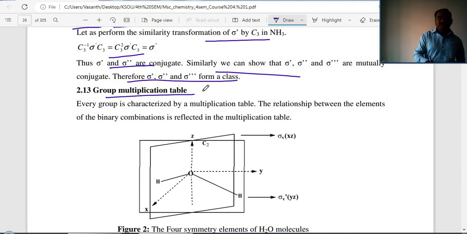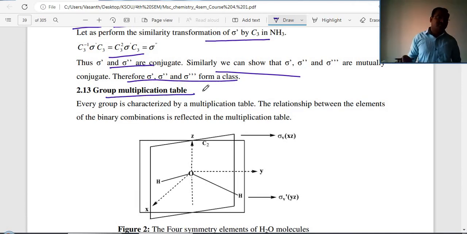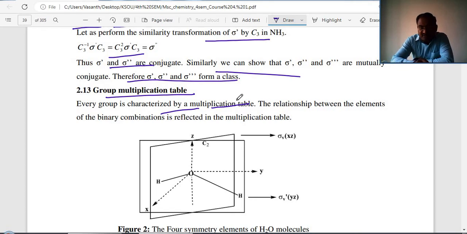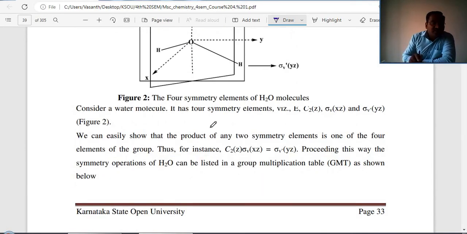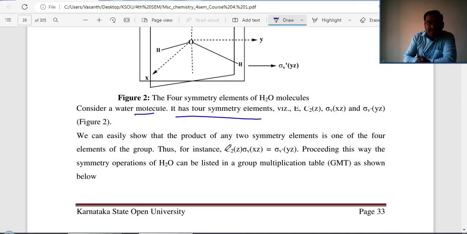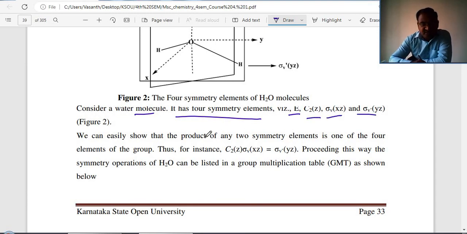Now we are going to discuss the group multiplication table. Every group is characterized by a multiplication table. The relationship between the elements under binary combination is reflected in the multiplication table. Consider a water molecule. It has four symmetry elements: E, C2, sigma v and sigma v dash.